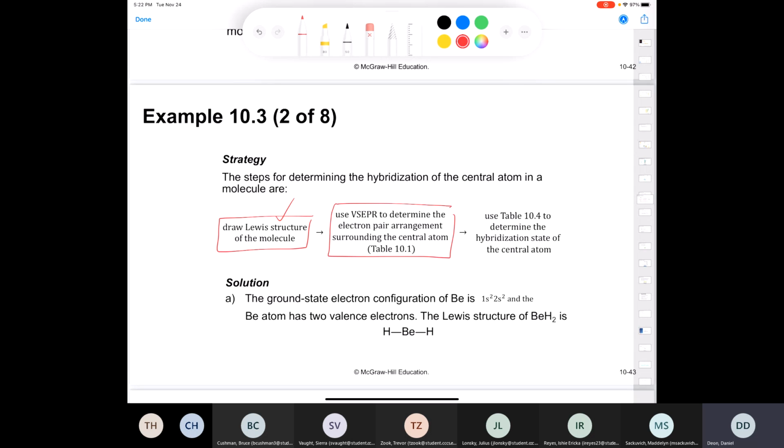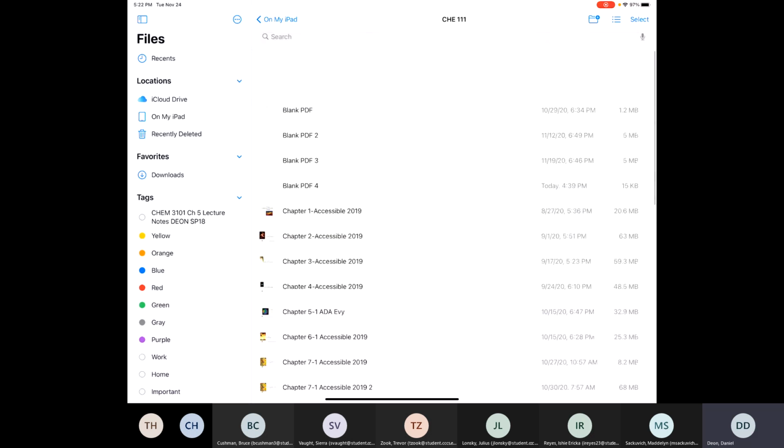That means you're going to look at the number of atoms that surround the central atom and lone pairs. Then you can use table 10.4 to determine the hybridization of the central atom. So, a three step process. Let's solve it here on a blank piece of paper. I think that's probably a better way to do it.